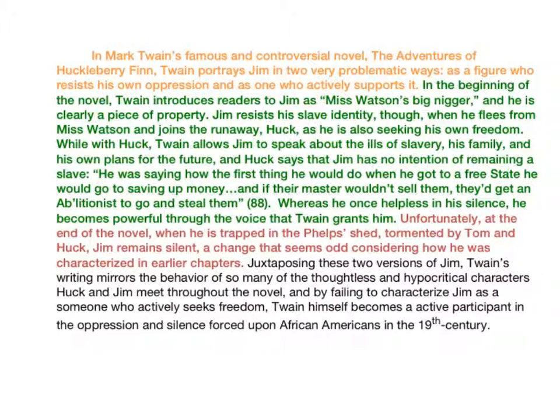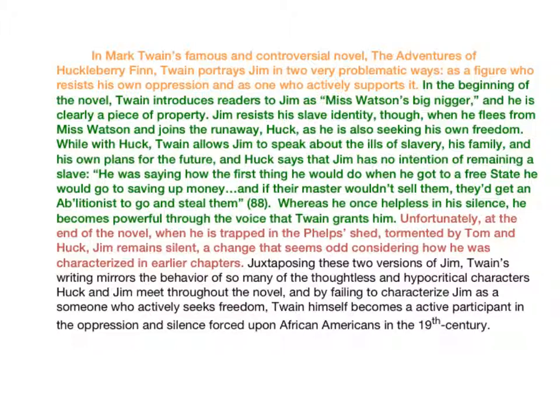Now, remember, I just ended with a question. Why does Jim change so much? My thesis is me finding an answer to that, a thesis that I think I can prove. So I say it's problematic, Jim's change in behavior, because Mark Twain, the writer, gave him power by writing Jim as a powerful figure, a figure with a voice.